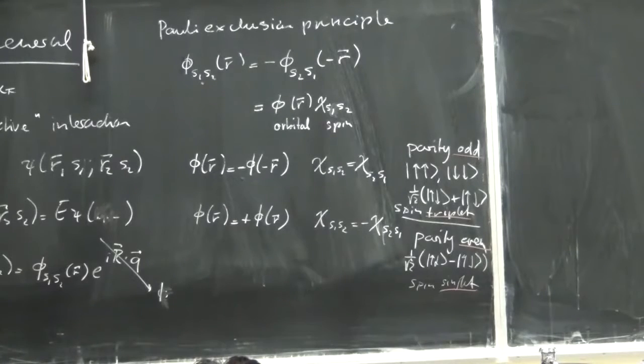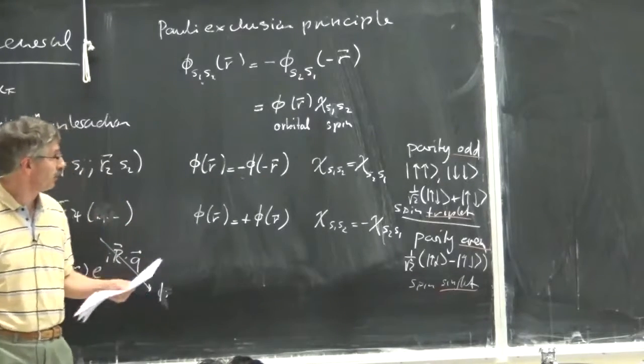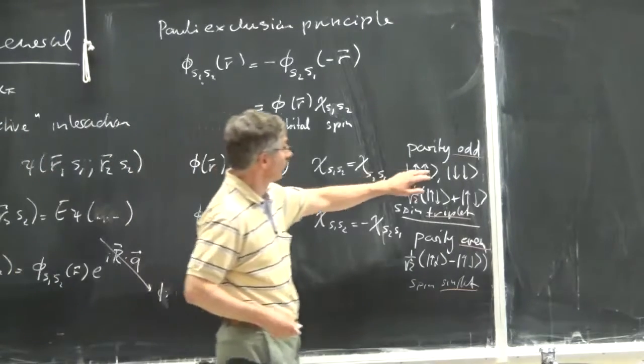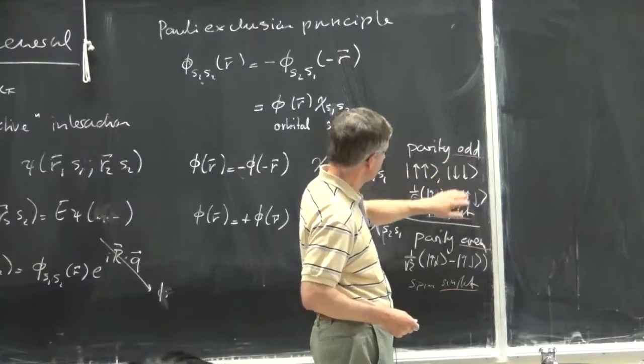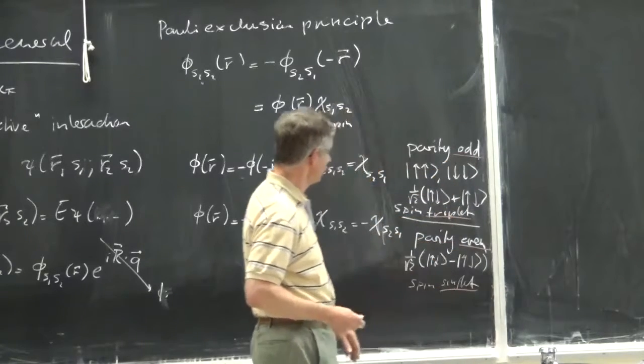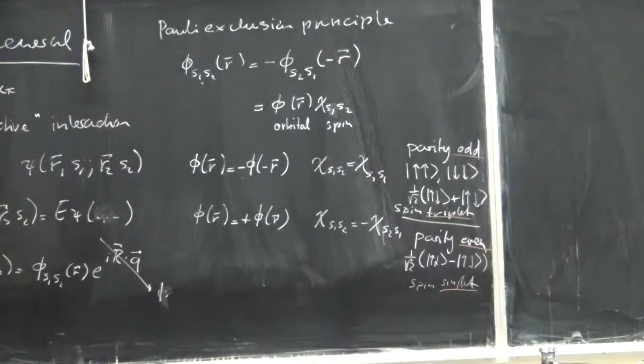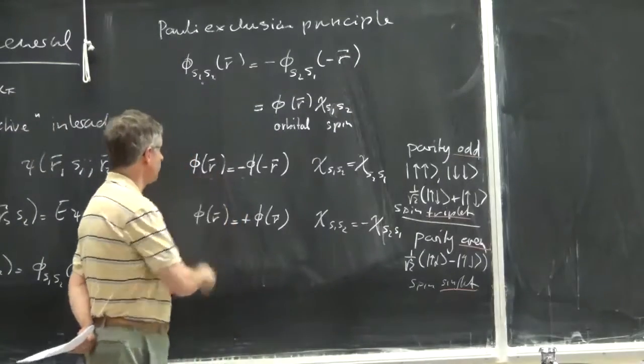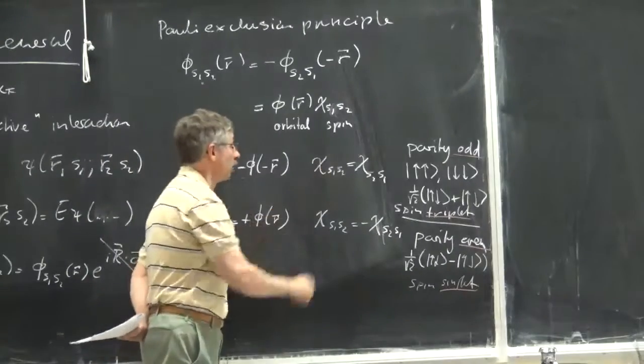So we have these constraints, which we have from the Pauli principle, and so we can say if we don't have anything strange going on, then we can always only combine odd parity with spin triplet and even parity with spin singlet. And these two channels are generally distinct. So now we just assume we have a certain parity given for phi of r, and we ignore the spin part.